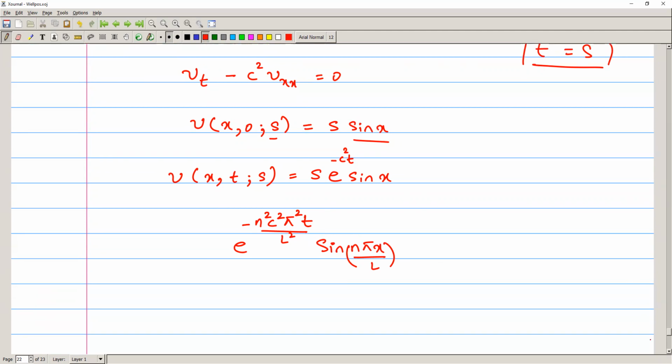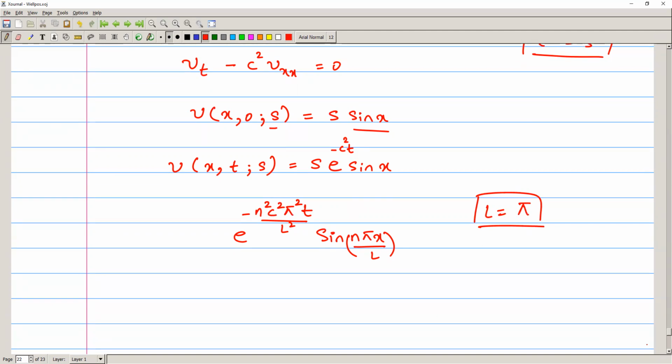All right, so here L is equal to pi, so it will be e to the power negative n squared c squared t times sine n x. And from this equation we can see this is sine x, so it means that n is equal to 1.